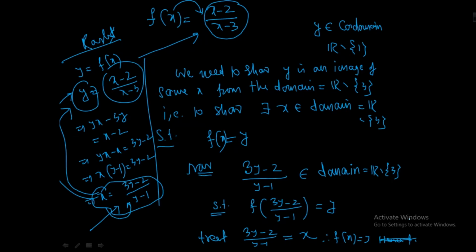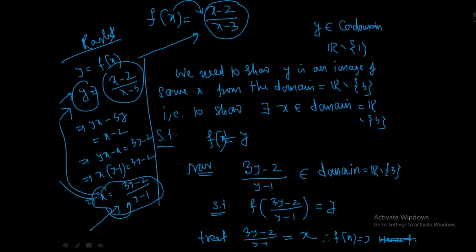কোডোমেইন থেকে একটা এলিমেন্টকে পিক করবি y, দেখাবি সেটা ইমেজ। ইমেজ দেখাবি মানে সেটাকে f(x) দেখাবি। f(x) শো করার মানে হচ্ছে you have to find one value of x for which f(x) will become y. সো ওটাকে রাফ ক্যালকুলেট করে ধরে নেব y টা f(x) হবে। তাহলে f(x) এর জায়গায় ভ্যালুটাকে সাবস্টিটিউট করে x এর ভ্যালু বের করব ইন টার্মস অফ y। জাস্ট সিম্পল অ্যালগরিদম। You have to find the value of x in terms of y.